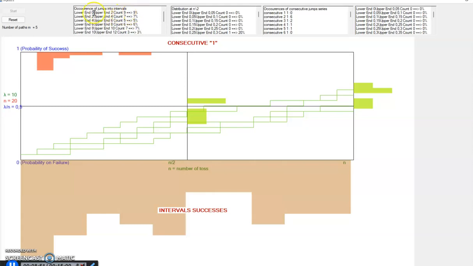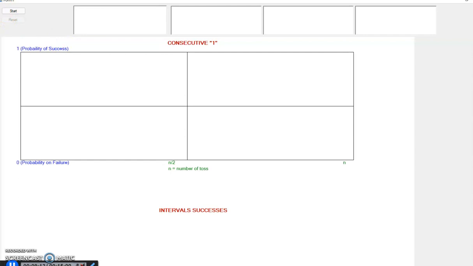we can see between 0 and 2. A lot of them is 9%, a huge histogram for these intervals, and the same we can check for the consecutive number of 1s. This is the distribution instead for n path at n point. We can try by growing the number of experiments.